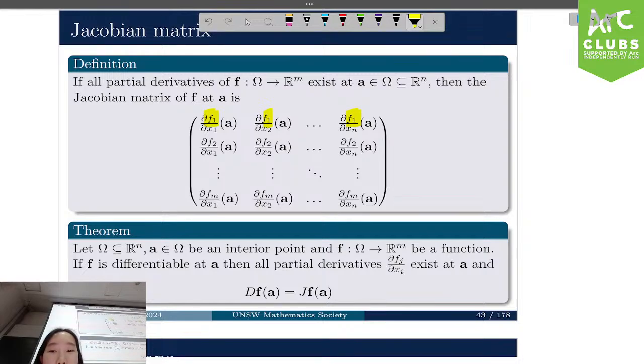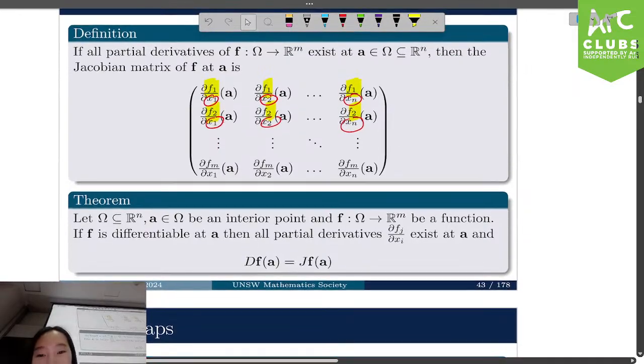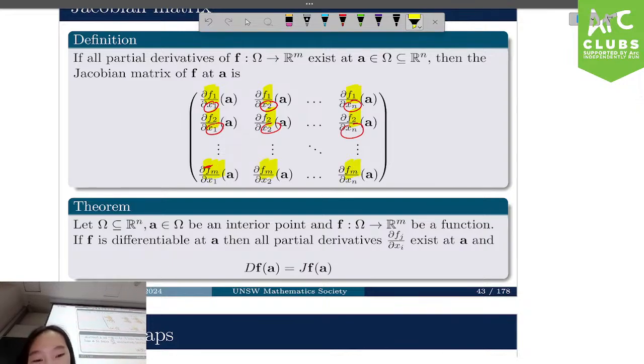We differentiate f1 with respect to x1, x2, and xn. And for the second row, we have f2 all the way across, and we differentiate f2 with respect to x1, x2, all the way to xn. It's very similar. And for the last row, we have a similar pattern: fm, fm, fm, and we have x1 all the way to xn. Cool.